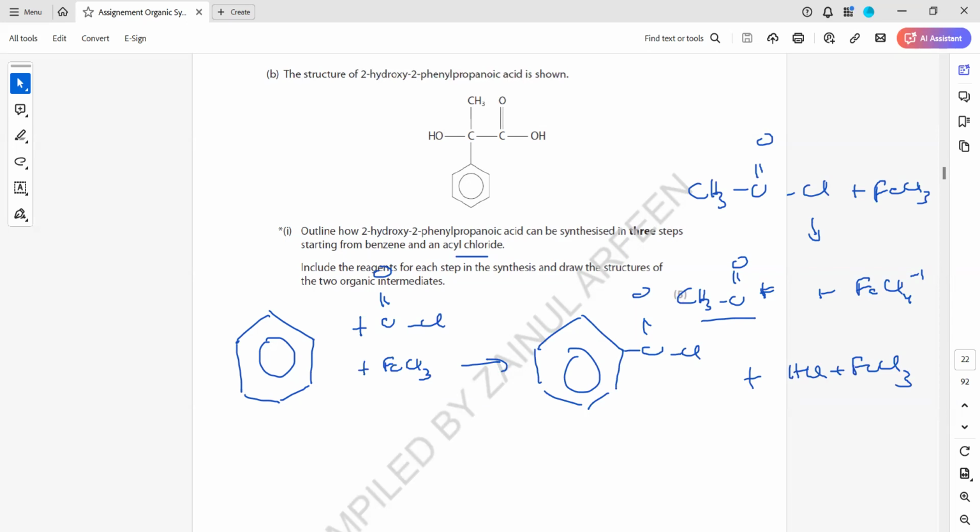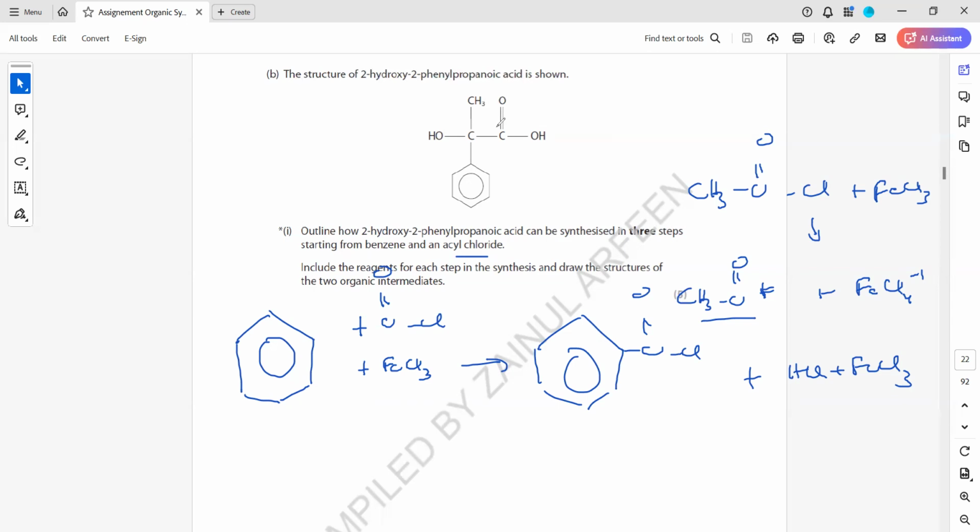The second step, what we need, because as you can see here, this compound contains 3 carbon atoms, but when we use ethanoyl chloride or acyl chloride, we have 2 carbon atoms. So whenever we want to add a carbon chain to a carbonyl group, such as an aldehyde or a ketone, we should use hydrogen cyanide.